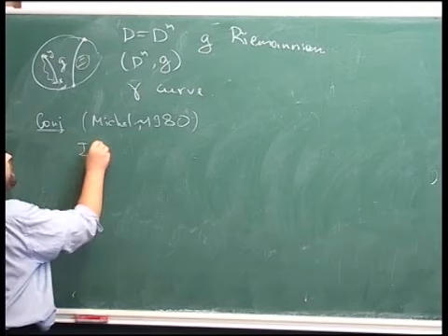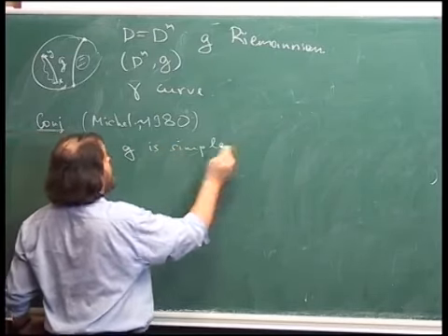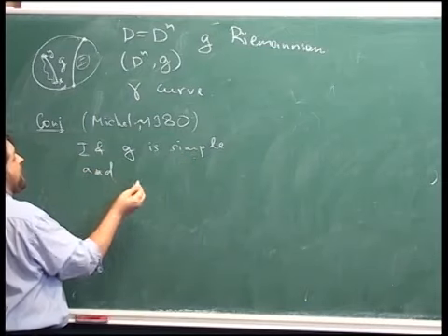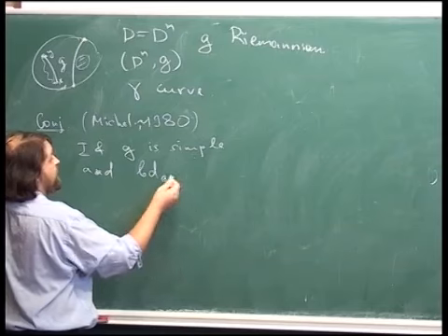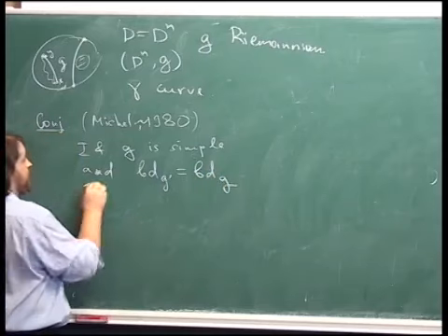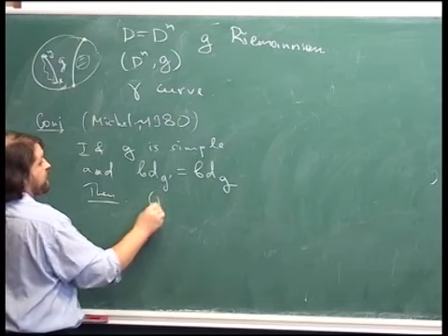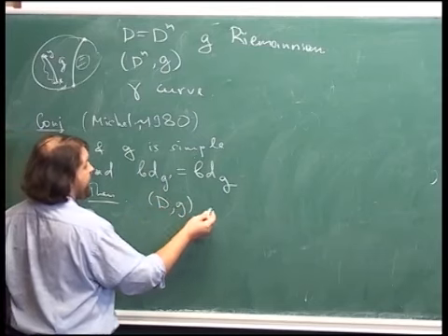So if g is simple and some other metric g prime gives you the same boundary distance function, then the two metrics are isometric.